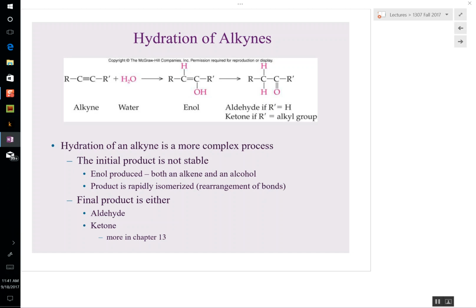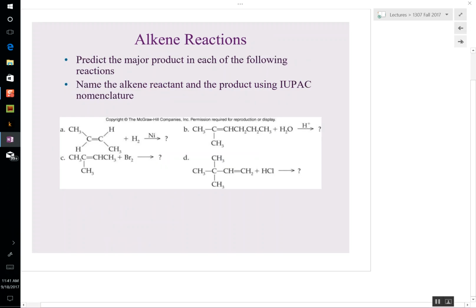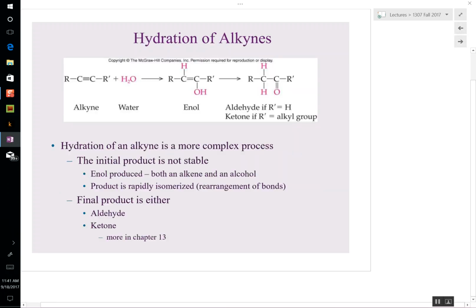Don't worry too much about this. You can hydrate alkynes. You can hydrogenate alkynes. Let's just look quickly at the hydrogenation of acetylene.